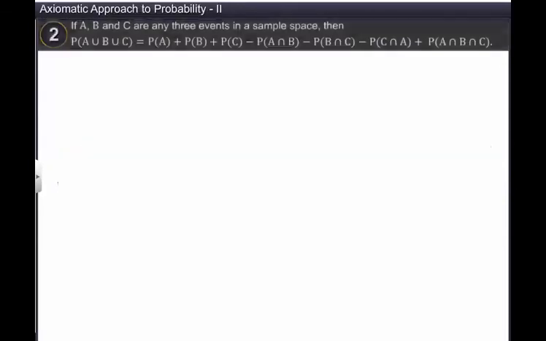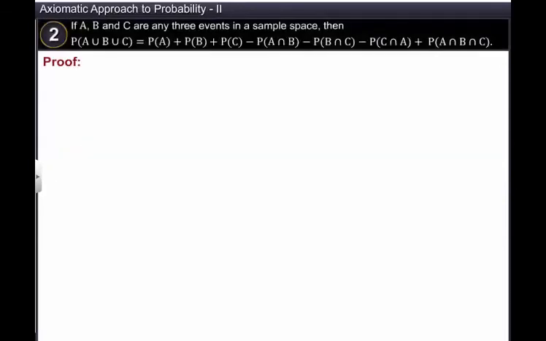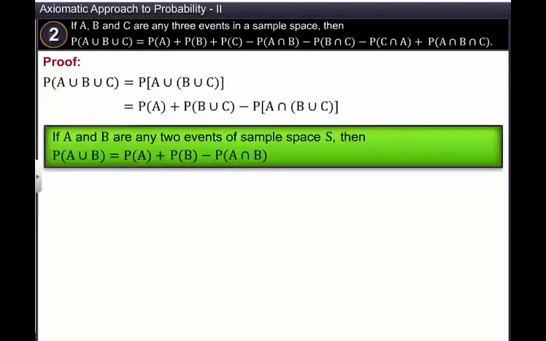To prove this, let's consider P of A union B union C. This is equal to P of A union (B union C). By using the theorem on the probability of an OR operation of two events, we get these steps.